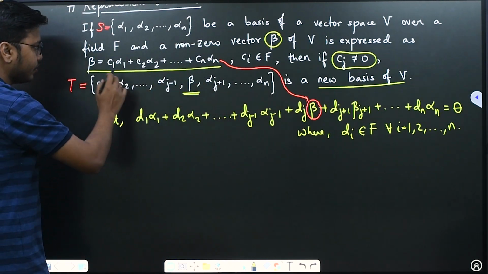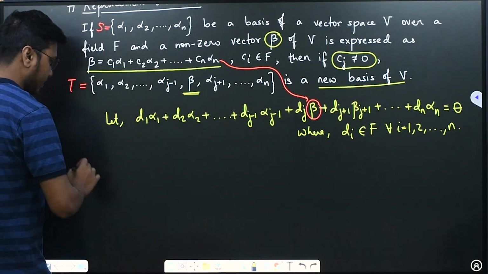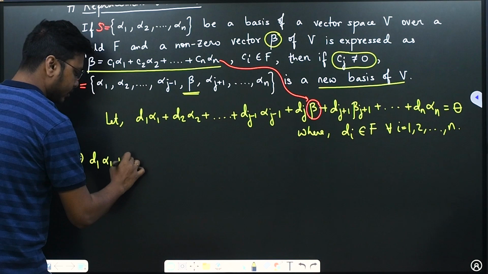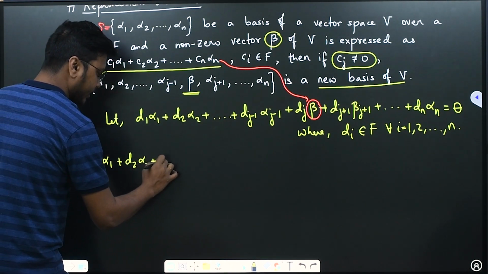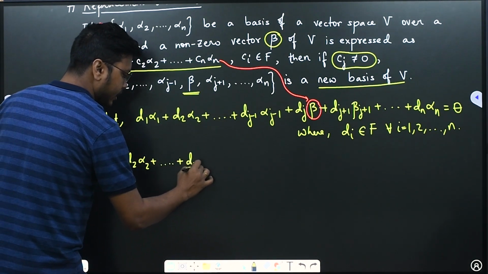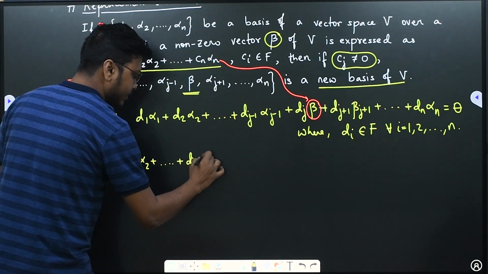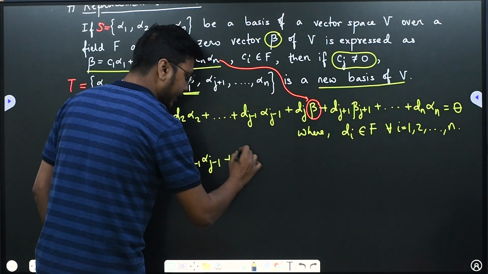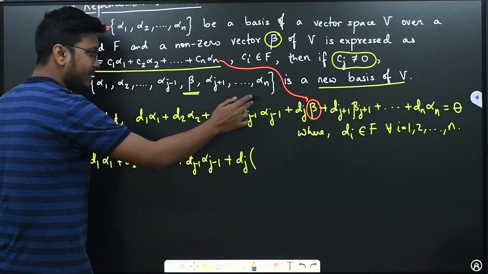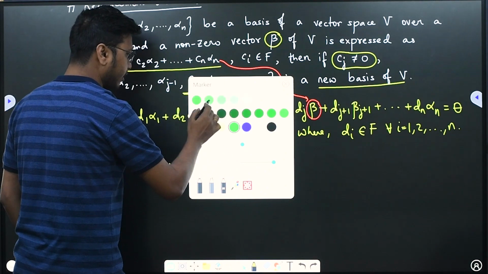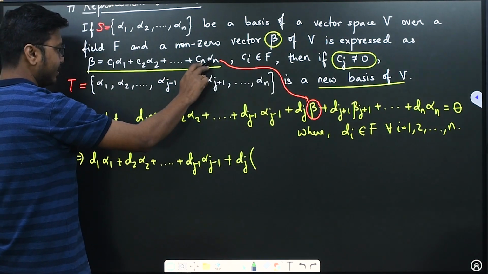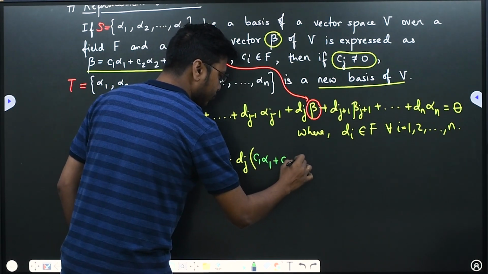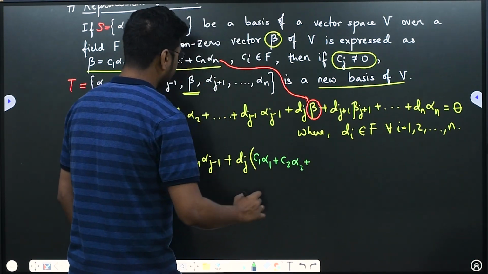So I'll have d1 alpha 1, d2 alpha 2, and this will go on up till dj minus 1 alpha j minus 1 plus dj into, now the beta element, that's going to be this element, this substitution, which is c1 alpha 1 plus c2 alpha 2 plus dot dot.